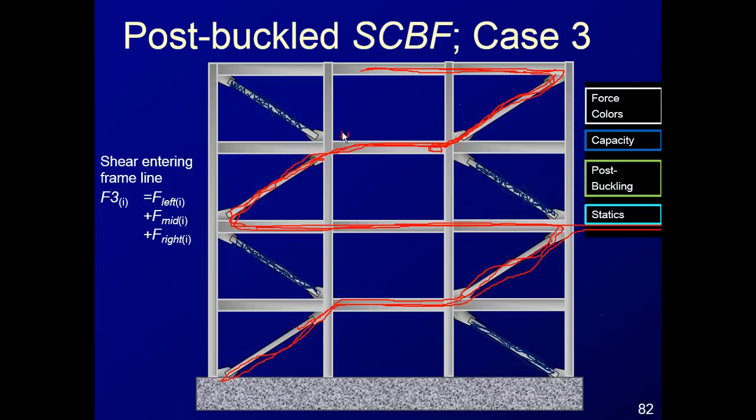You could have a composite deck here, but it's pretty hard to throw a lot of the load immediately from the beam into the deck and then get it out of the deck back into the beam. So it's a question of how much you can engage that composite deck.